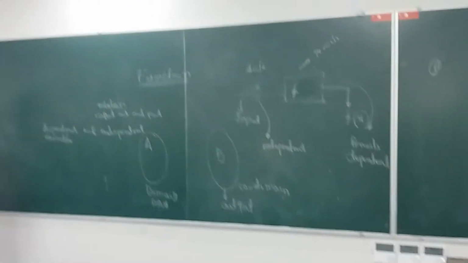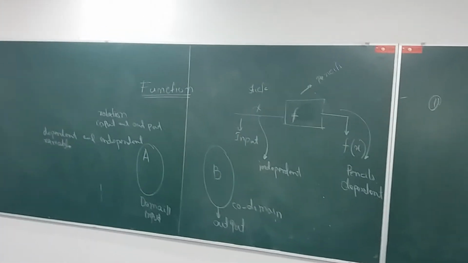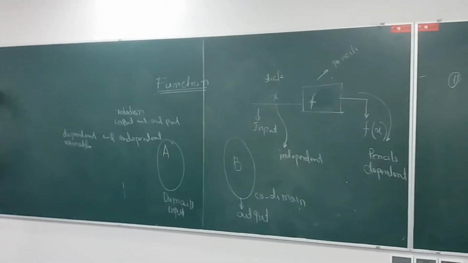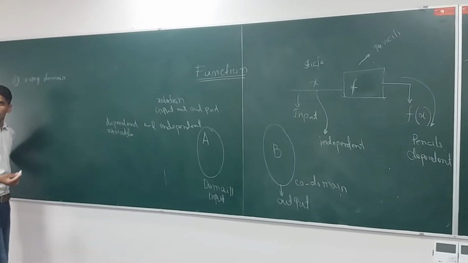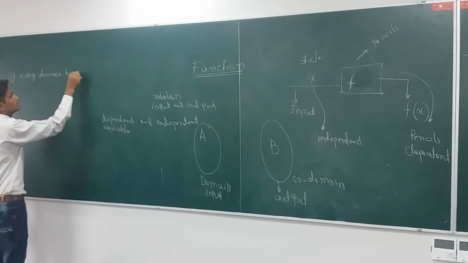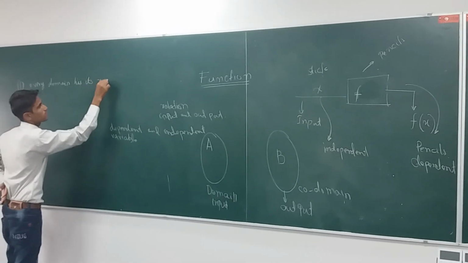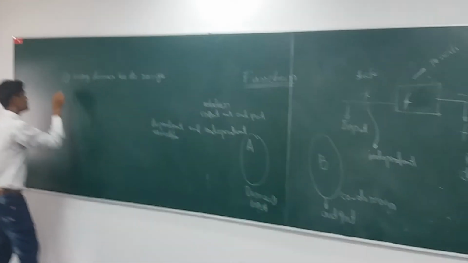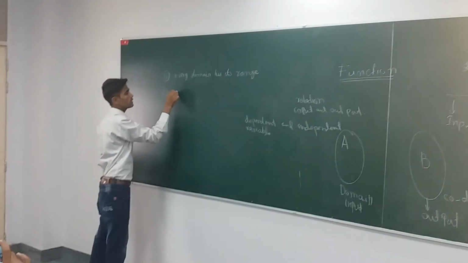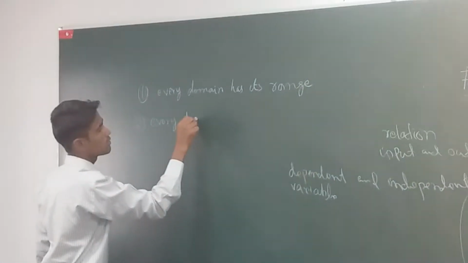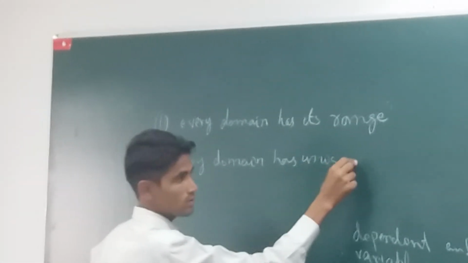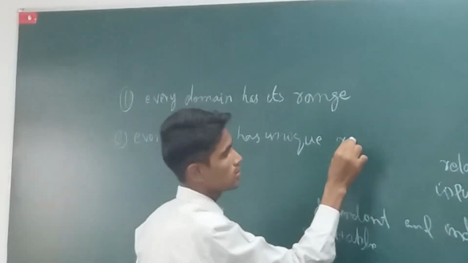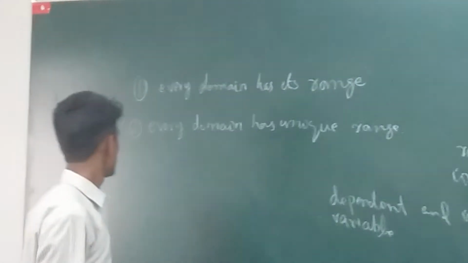One definition is that every domain has its range, and number two is that every domain has a unique range.